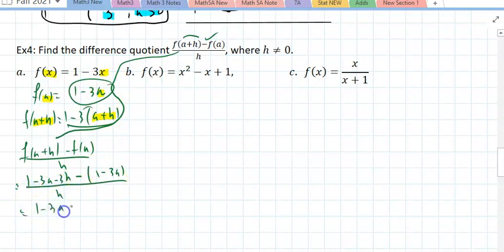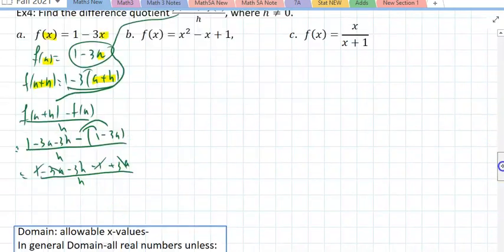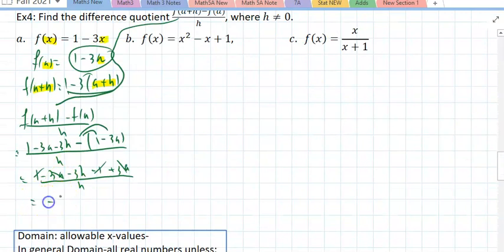That's 1 minus 3a minus 3h minus 1 plus 3a, I'm sorry, my mistake, all over h. You'll notice those two cancel out, and those two cancel out. And what I'm left with is negative 3h over h. That will be a negative 3.